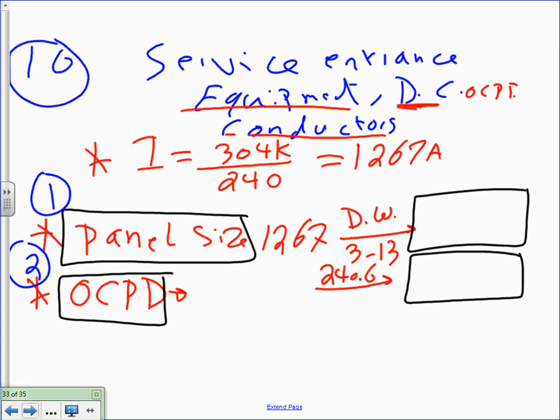Under single phase, don't forget it's single phase equipment. I have 1200, 1600. Everybody got 1600? Okay, so this is 1600 amp. I want to buy a 1600 amp switchboard, single phase.